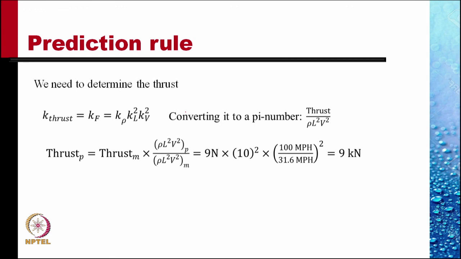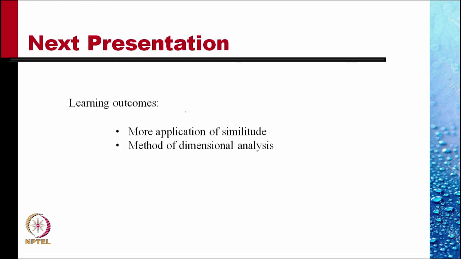So from this, thrust for the prototype is determined as 9 kilonewton compared to 9 Newton for the thrust in the model. Thus, we have been able to use the scale factor for developing both the modeling rule as well as the prediction rule. Thank you.